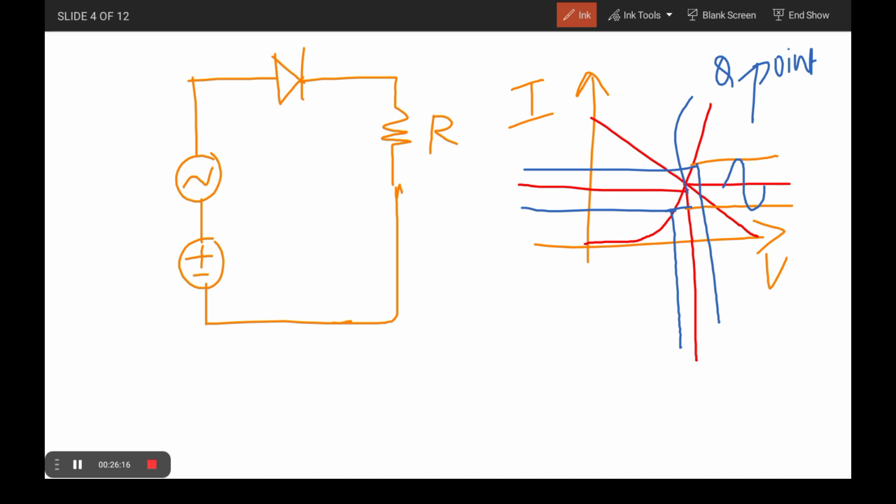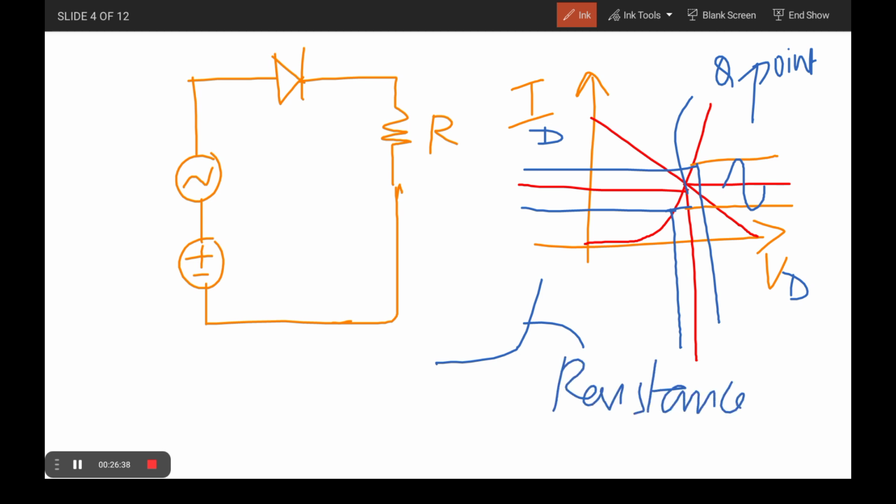Therefore, with the diode voltage and diode current, you can find the slope of this. The characteristic represents a linear nature, a resistive behavior, meaning it allows the current linearly.